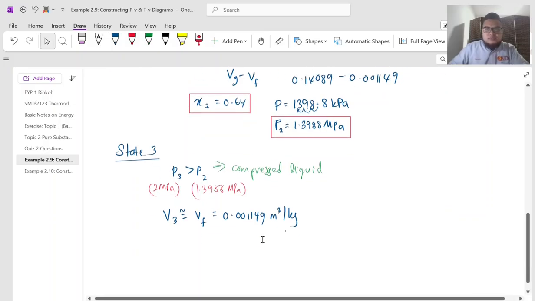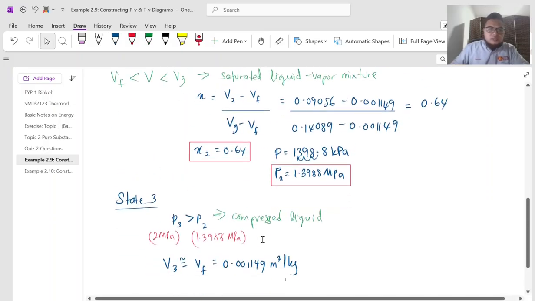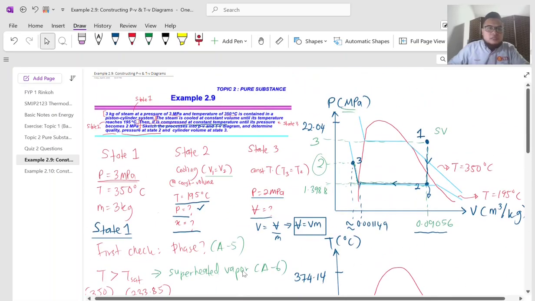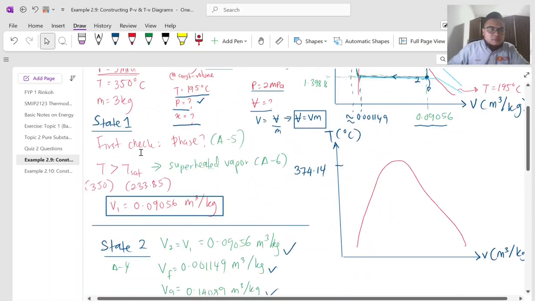We know the mass, which is given in the question. So volume equals V at state 3 times the mass, 0.001149 times 3 kilograms, right? If I'm not mistaken, 3 kilograms of steam.